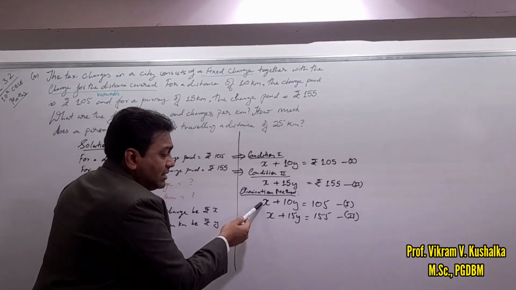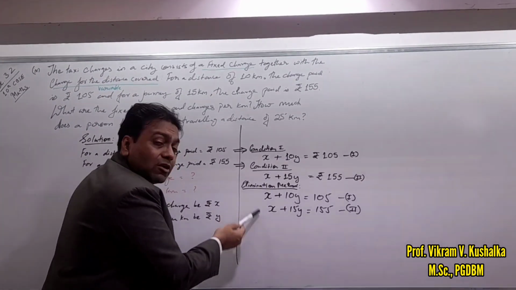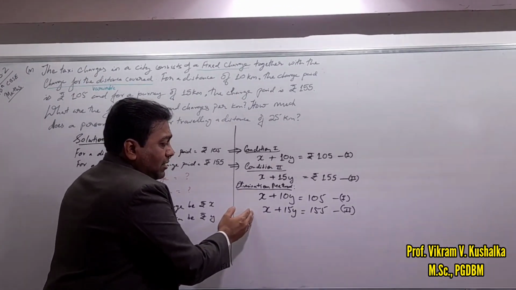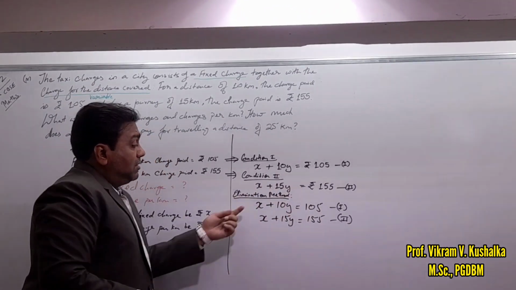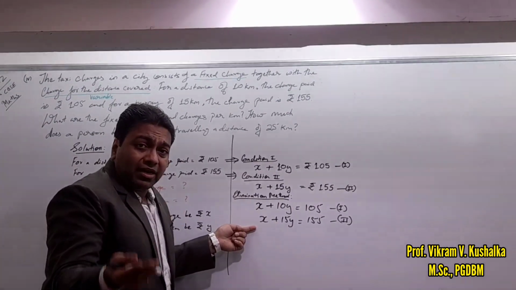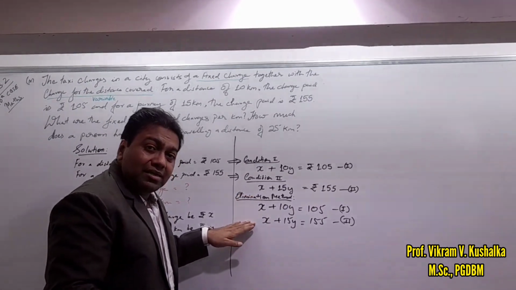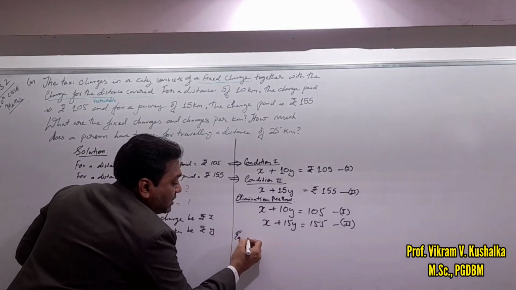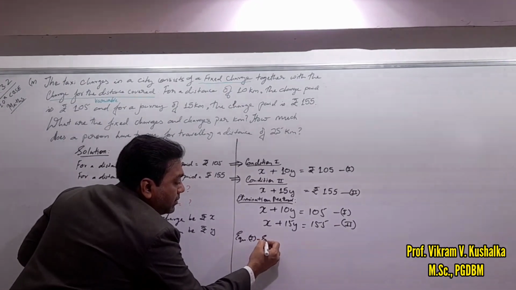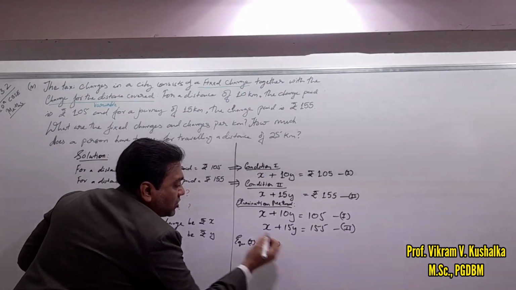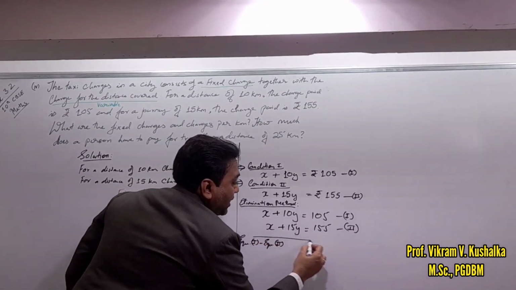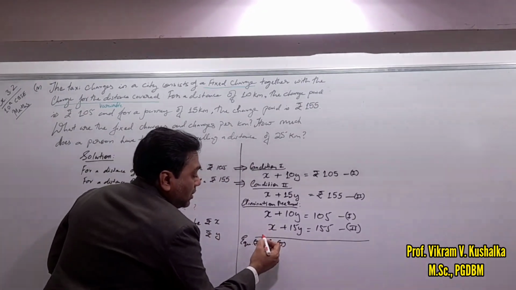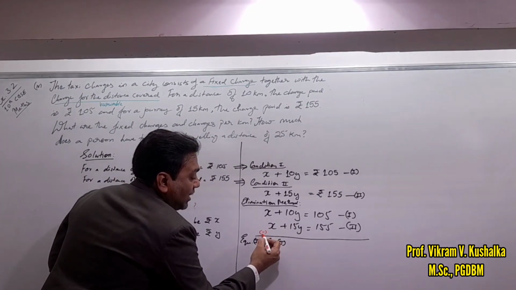Now here I can see my x and x, the constants are also same, variable is also same. So how can I get rid of this x and x? If I add both the equations, this will become x plus x, 2x. I cannot get rid of x. But if I subtract it, definitely I can get rid of it. So what I am going to do over here, my operation is equation number 1 minus equation number 2. Now when I am subtracting the equation 1 minus equation 2, the lower equation signs will change.